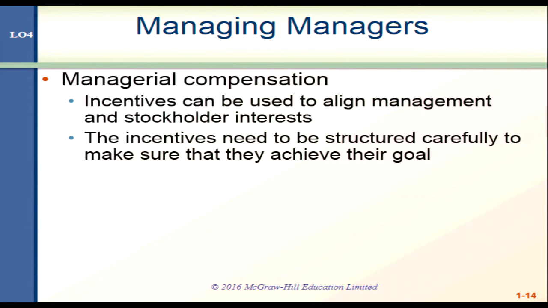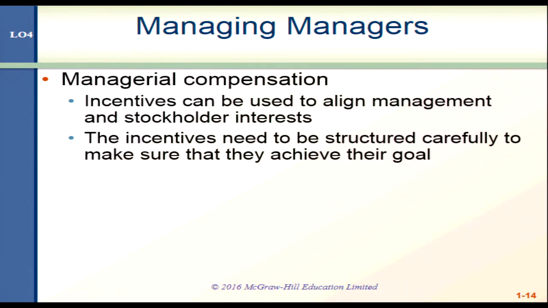So how do you manage all this? Well, part of it is to create an incentive that can align management interests with those of the stakeholders. Aligning these particular goals would be a better way.